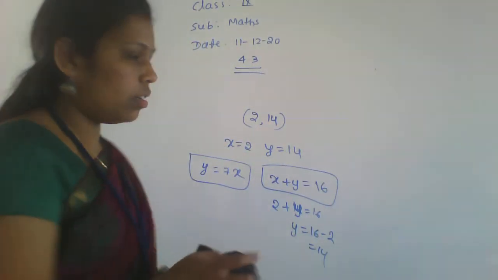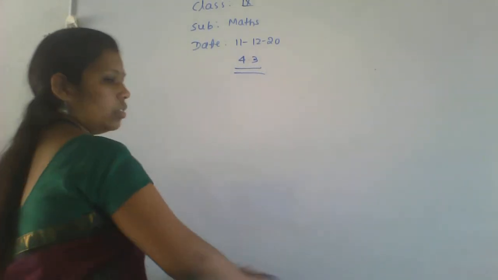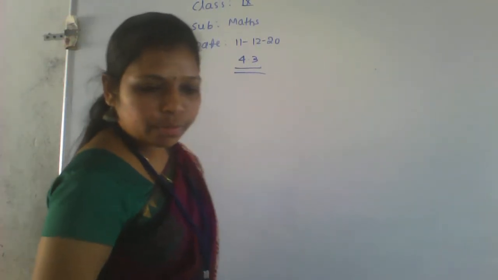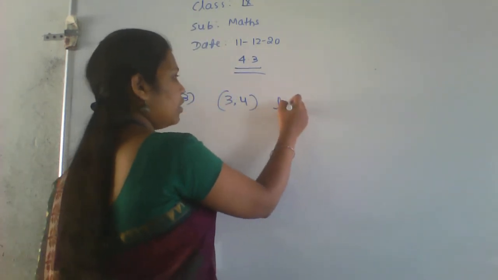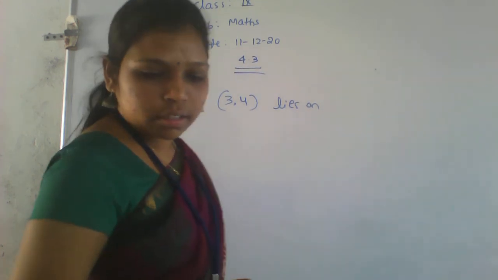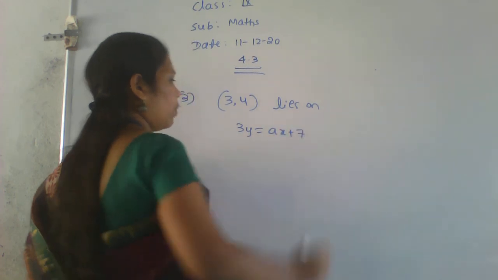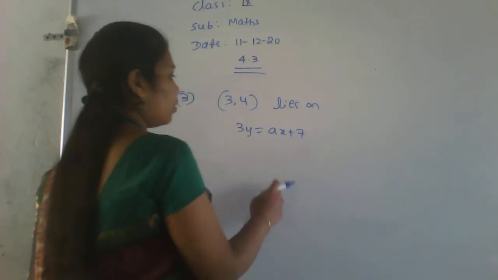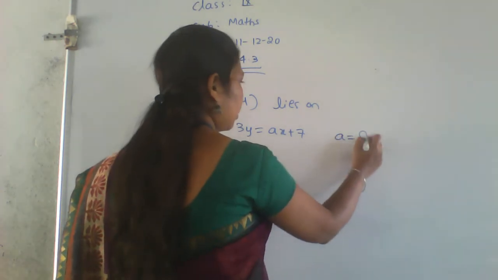Okay, they gave the point here. The point is (3, 4), and it lies on this equation. Now your duty is to find out the value of a.